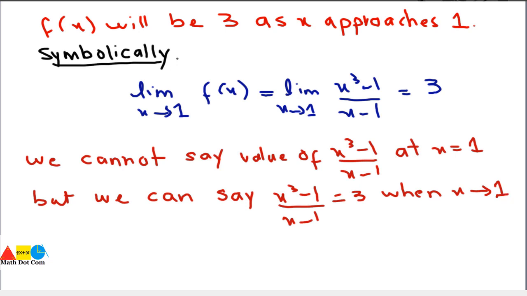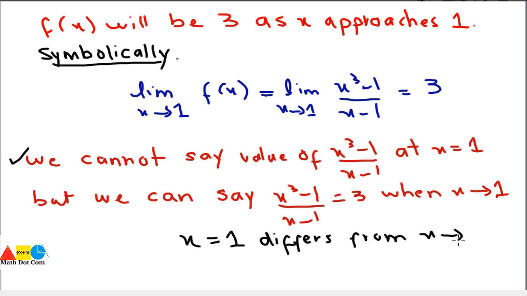In the first one, we have said that we cannot give a definite value of the given function at x equals 1. But we can say that the given function will give you 3 if you approach towards 1. So there is a difference between x equals 1 and x approaches 1. So x equals 1 differs from x approaches 1.